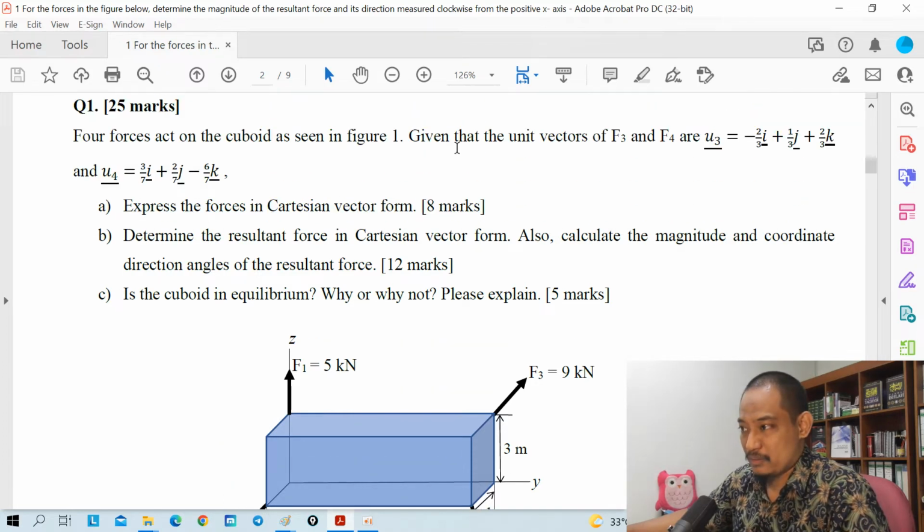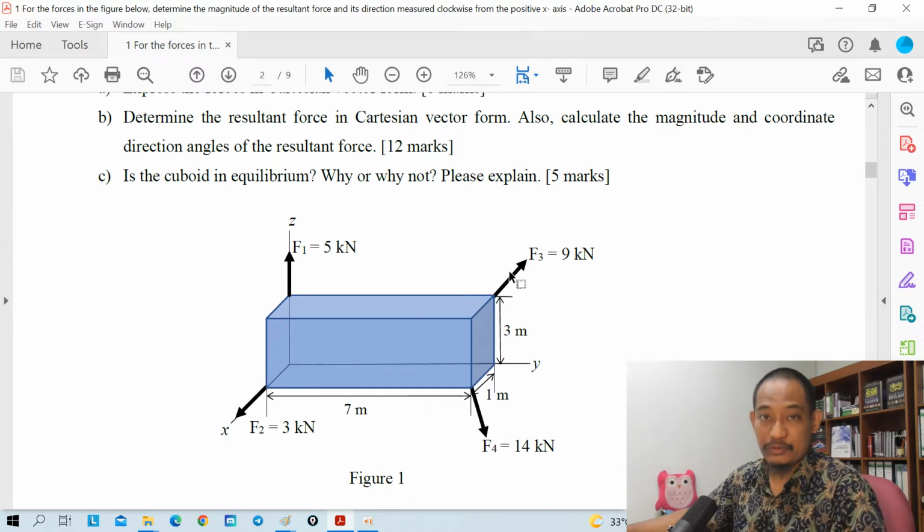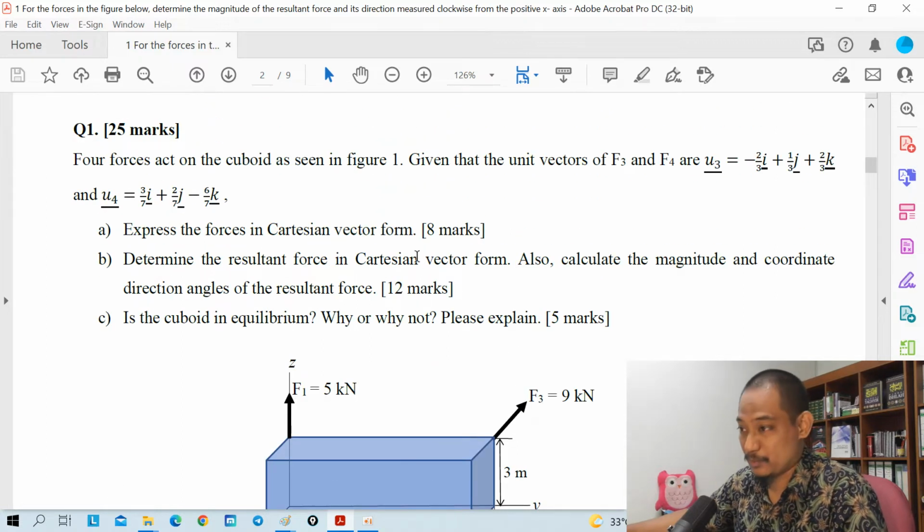Okay, given that the unit vector of F3 and F4 is given as such, U3 is this one, U4 is this one, meaning that for F3 and F4, the direction unit vector is given. The other two should be straightforward because F1 and F2 are along the z-axis and x-axis, so the direction is known.